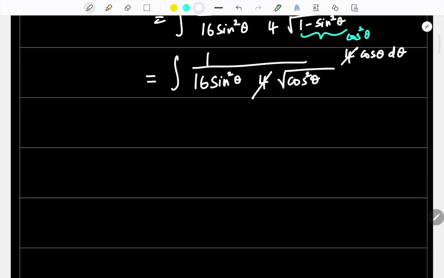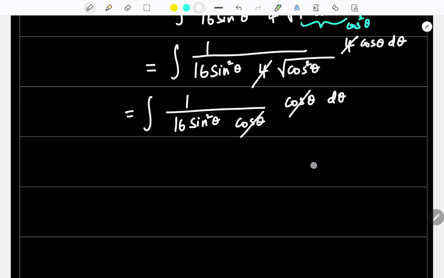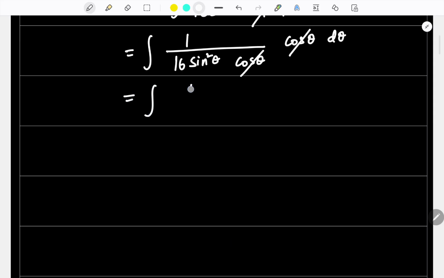The 4 gets cancelled. So this equals the integral of 1 divided by 16 sine square theta. Square root of cos square theta is what? Cos theta, and then cos theta d theta. So what happens now? Cos theta gets cancelled. So this equals the integral of 1 divided by 16 sine square theta d theta.